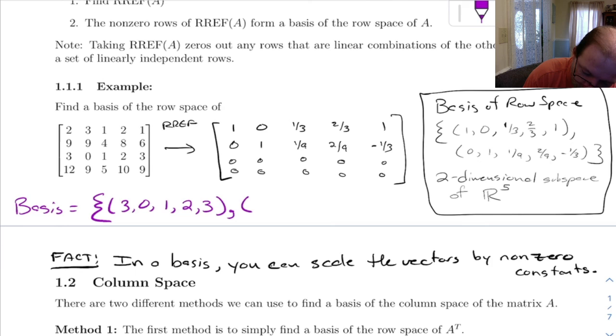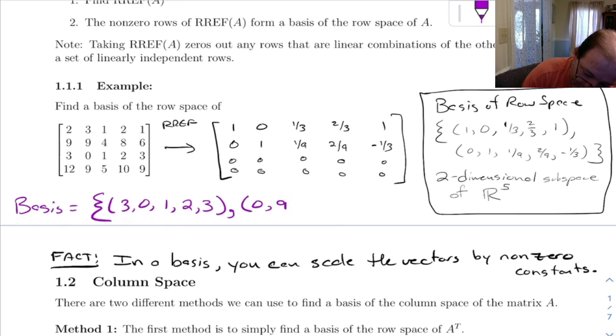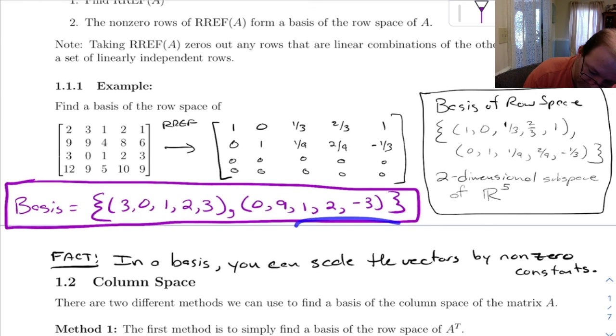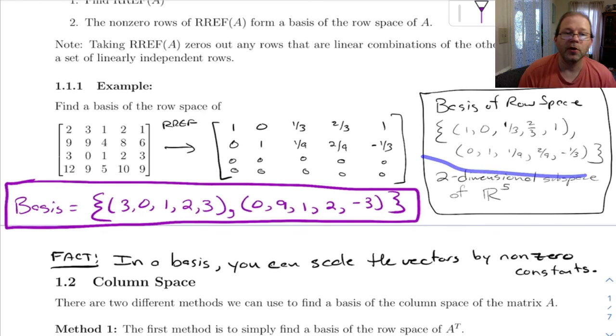And the one below, I'm going to scale it by 9 to get rid of the fractions. So it's going to be 0, 9, 1, 2, negative 3. So both this and this over here are correct answers. Both of these are bases of the row space of this matrix.